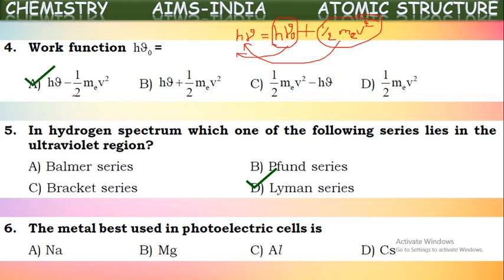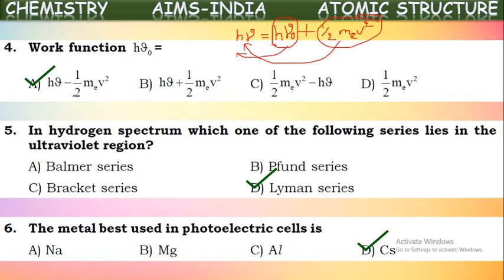So those metals in the alkali metals or first group can show this photoelectric effect easily. And even out of those, the one with the greatest size is cesium. So it will have the lowest ionization energy among them all. So it can show the photoelectric effect very effectively. With low energy itself, it can eject electrons. That is why cesium is mostly used in photoelectric cells.